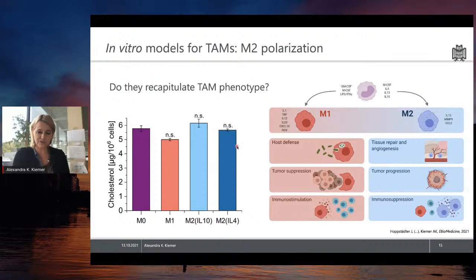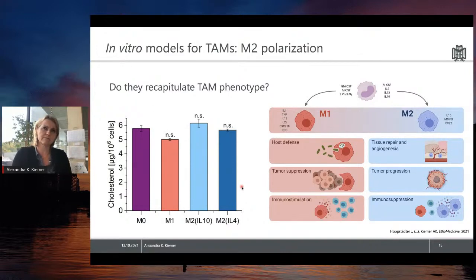So they, in that respect, definitely do not recapitulate the tumor phenotype. We did see a tendency of reduced cholesterol in these M1 macrophages. It wasn't statistically significant, but definitely not reduced cholesterol levels in these frequently used M2 models, which are thought to represent tumor-associated macrophages.